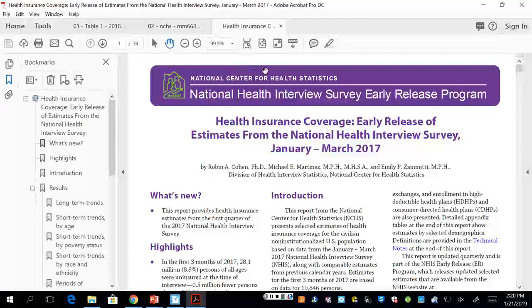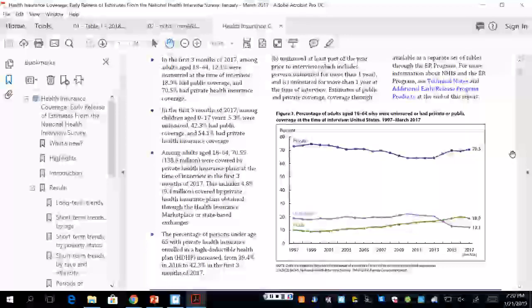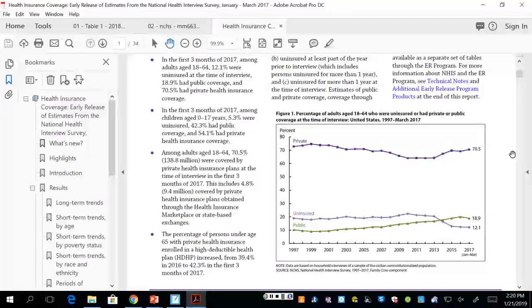You also can get, so the National Center for Health Statistics has this National Health Survey. They also ask about health insurance coverage, right? And so let's see, here's some text. Here's a different graph, looking at percent of adults aged 18 to 64 who were uninsured or had private or public health coverage at the time of the interview between 1997 and 2000.